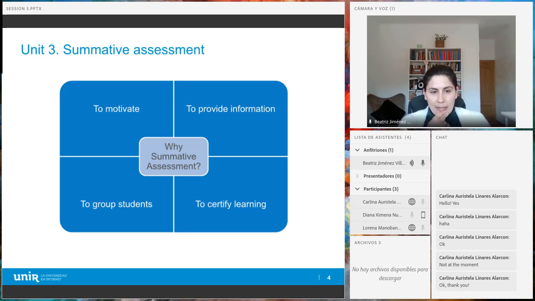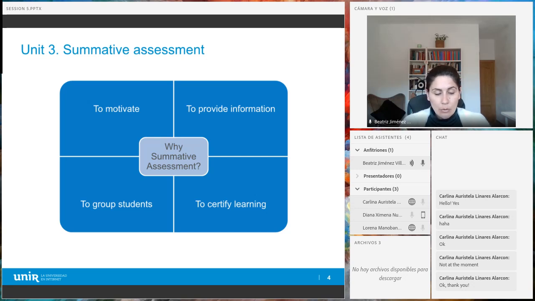Also, summative assessment is useful when we want to select a group, or to group the students in the same level. So if we want to group the students, for example, in the same English level, we can do that through this kind of assessment. We can provide them with a test.